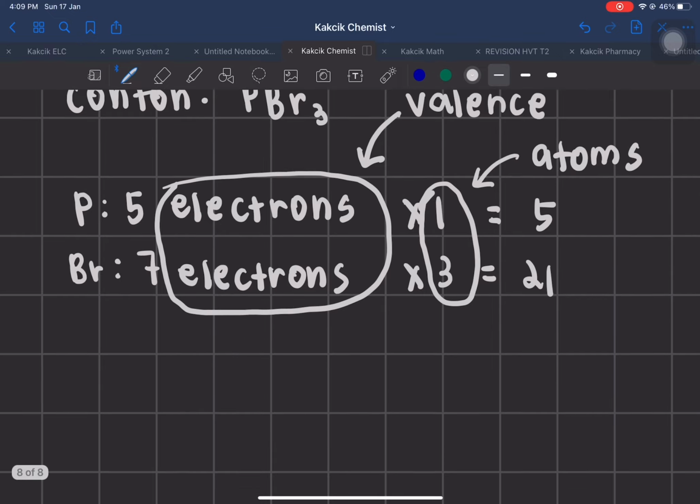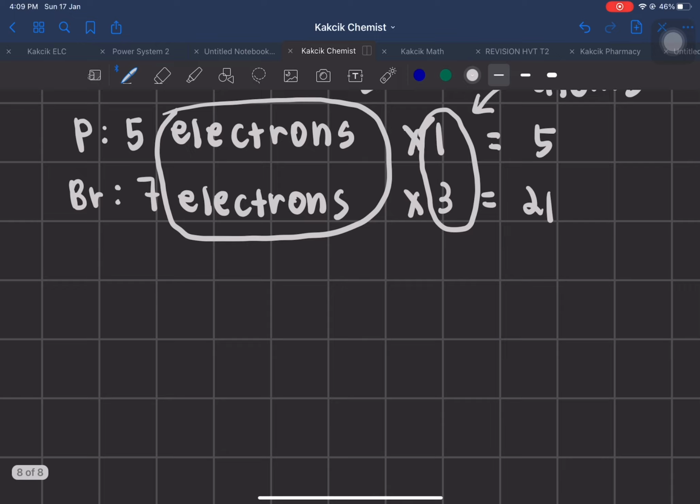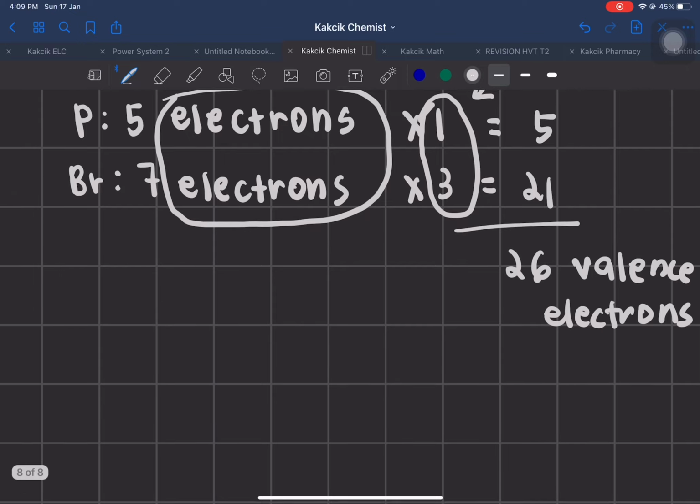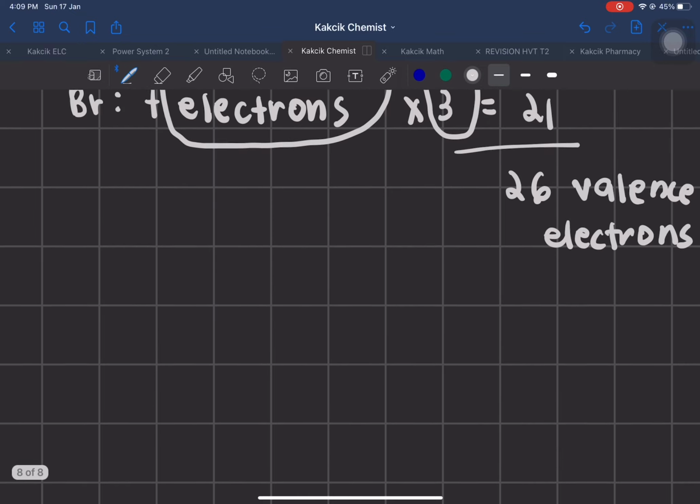Bromine have 7 valence electrons, but it have 3 atoms. So 7 times 3 is equal to 21. So 21 plus 5 is equal to 26 valence electrons. So the total number of valence electrons in this chemical compound PBr3 is 26.